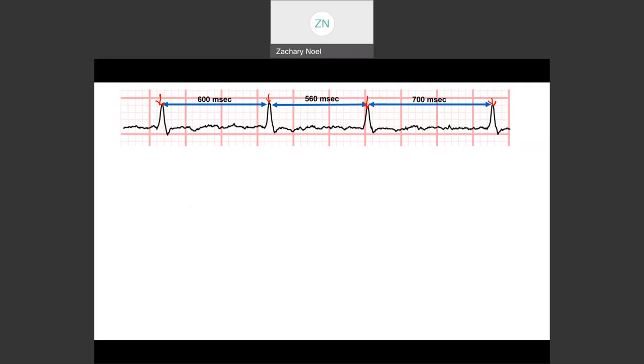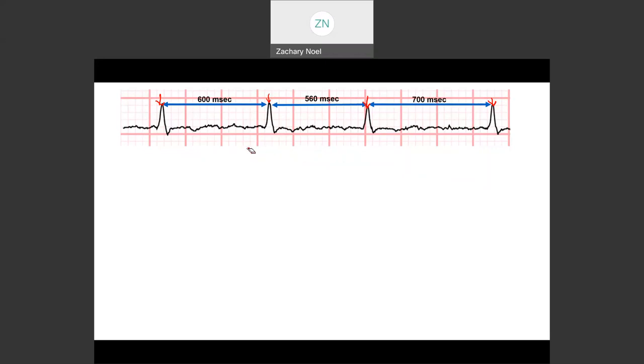And so this is really what's defining the irregularity, so to speak. It's that the distance between the QRS complexes varies with time. And that's why we call this an irregular rhythm, right? Not only is it irregular, but it's irregularly irregular. It's constantly changing with time.